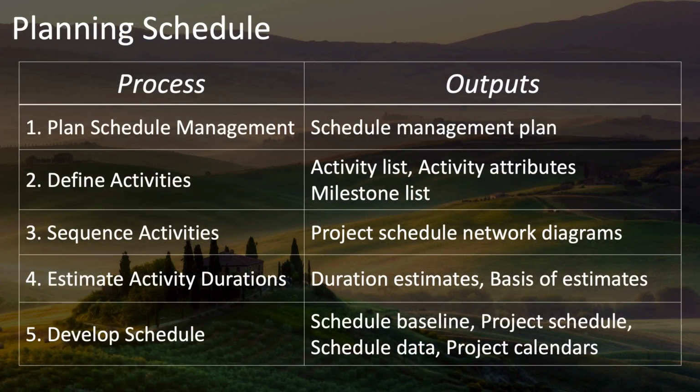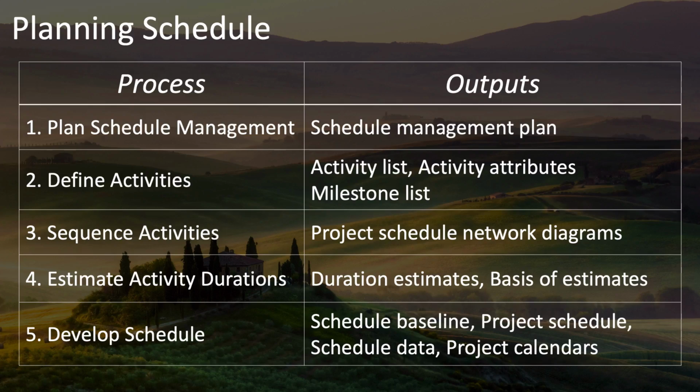This lesson covers the 5 schedule planning processes. They start with plan schedule management, which has as its primary output the schedule management plan. Then define activities, which has as its primary outputs the activity list, the activity attributes, and the milestone list.